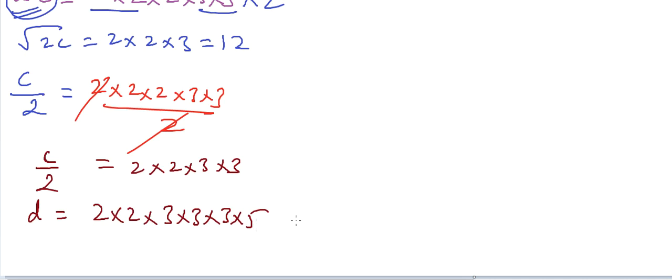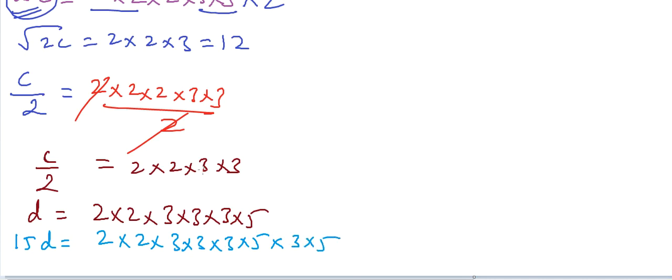So when we multiply d by 15, then we will have 2 into 2 into 3 into 3 into 3 into 5 into, so 15 can be written as 3 into 5. Correct.